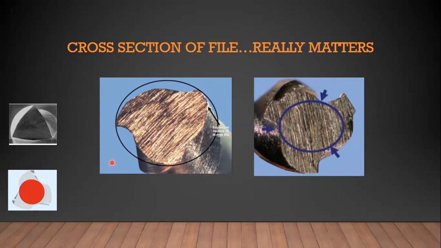What is the cross section area and what is the core area? So what is the core of the file? It is the cylindrical center part of the file, with circumference outlined by the depth of the flutes. This is the core. The flexibility and the resistance to torsion are partially determined by the core diameter.